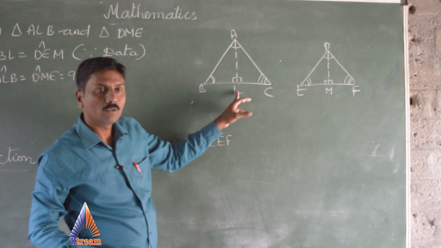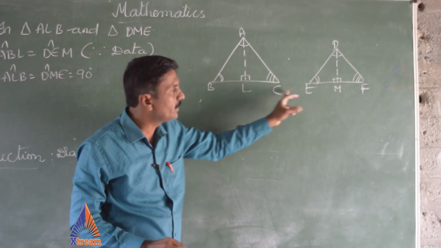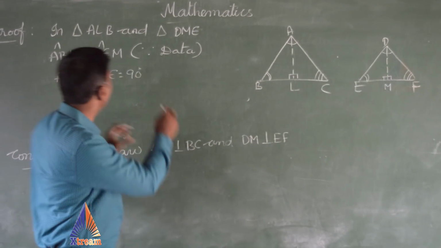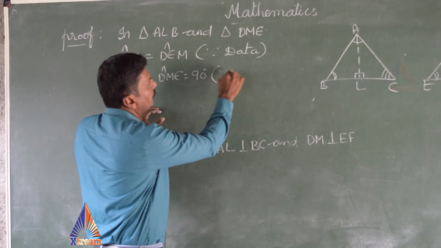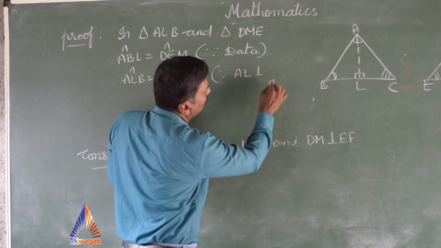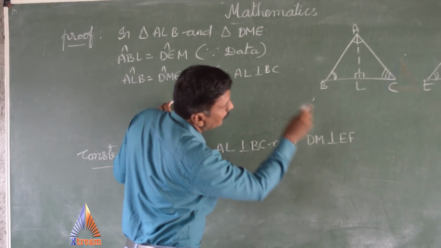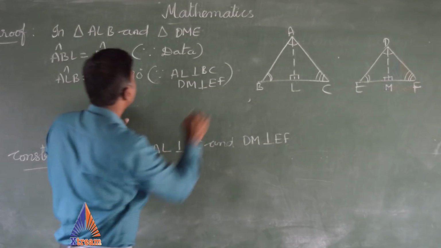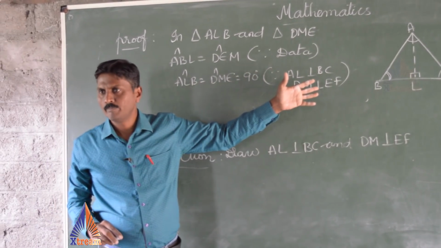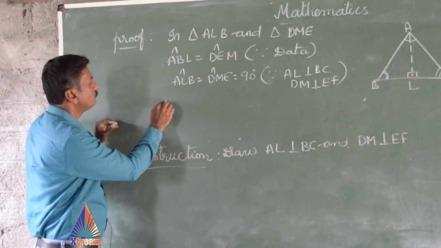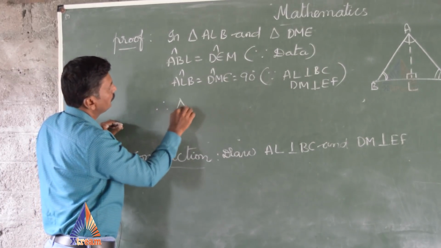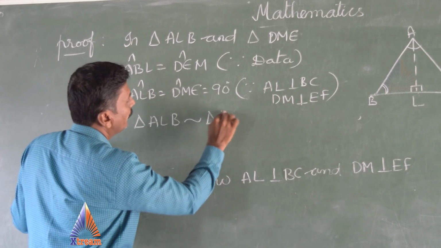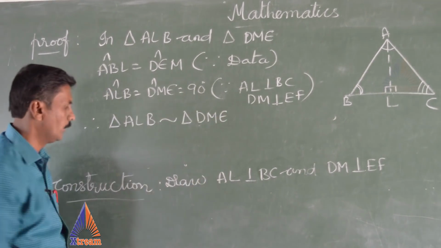Because construction AL perpendicular to BC and DM perpendicular to EF, that you have to mention here, or simply write construction. Now, therefore, ALB is similar to DME.